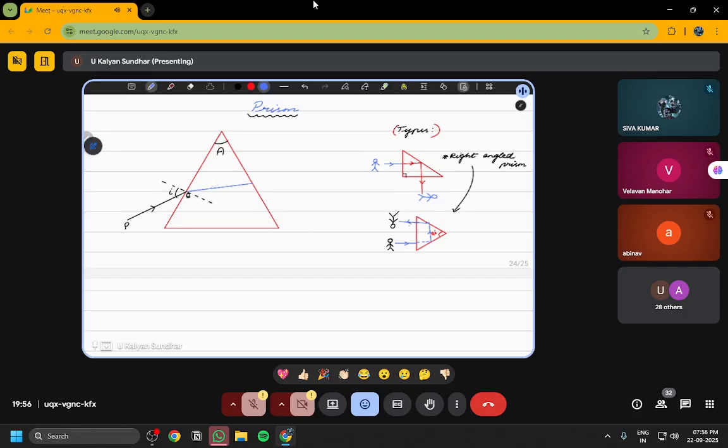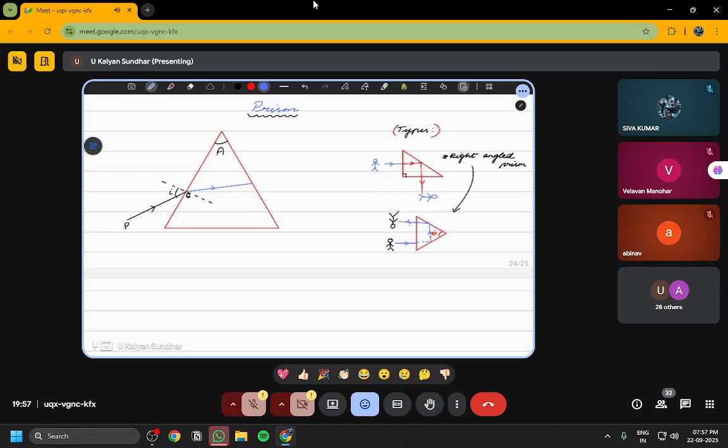Never draw the ray parallel to the base. Parallel to the base comes only when it has the minimum deviation. In the book they draw it parallel because only at minimum deviation is the refracted ray inside the prism parallel. But in general, you draw it not exactly parallel to the base of the prism.